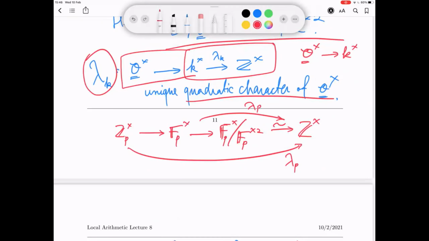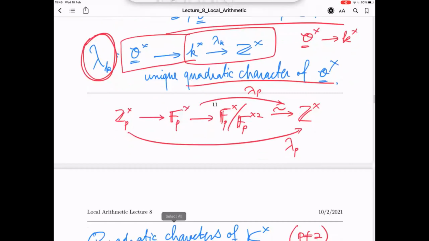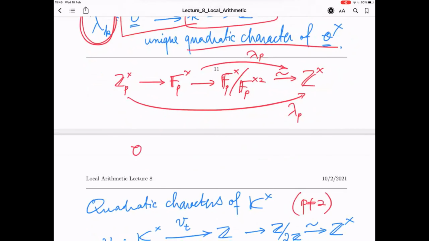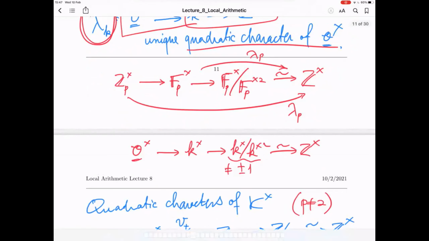And now I'm defining this lambda k in analogy. So lambda k is: you have this O star. From there you go to K star, then you go modulo squares, and that's the same as Z star. Same meaning. This doesn't have to consist of plus minus 1. You should be careful, because minus 1 may be a square in this field.